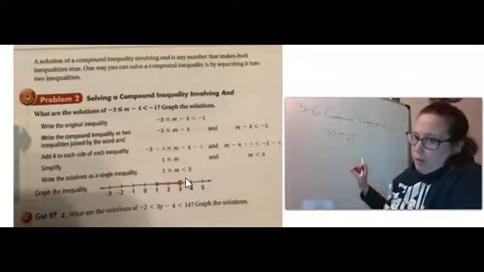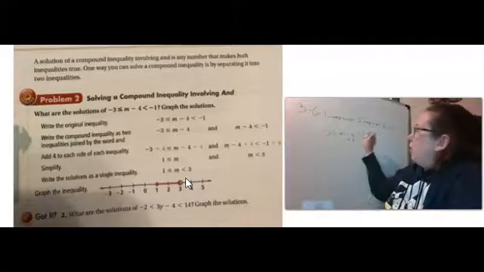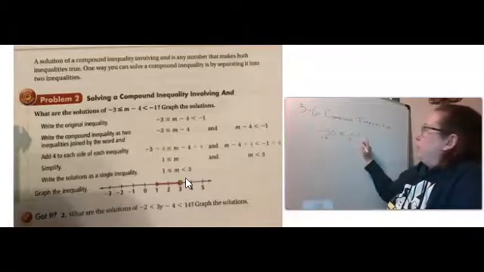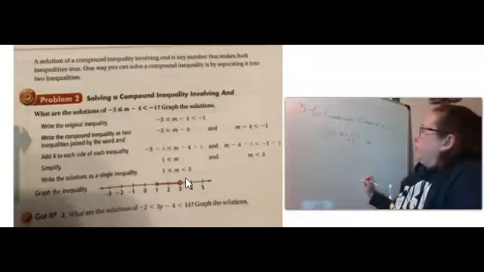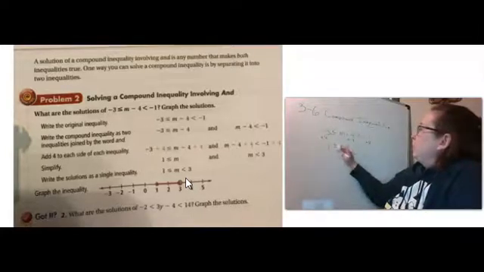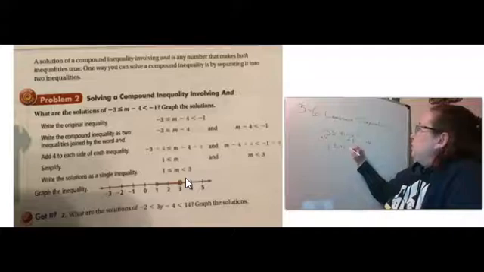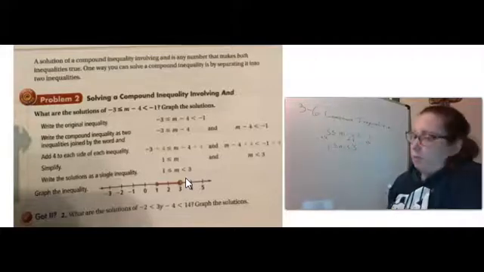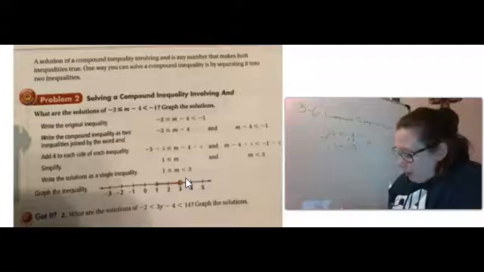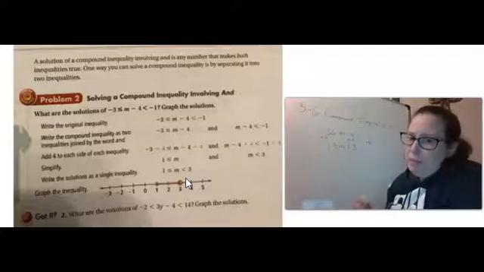Just remember that when you add 4, you need to add it to all of your sections. So we're going to add 4 here, we add 4 in the middle, and we add 4 here. When you do that, over here we get 1 is less than or equal to m is less than 3.